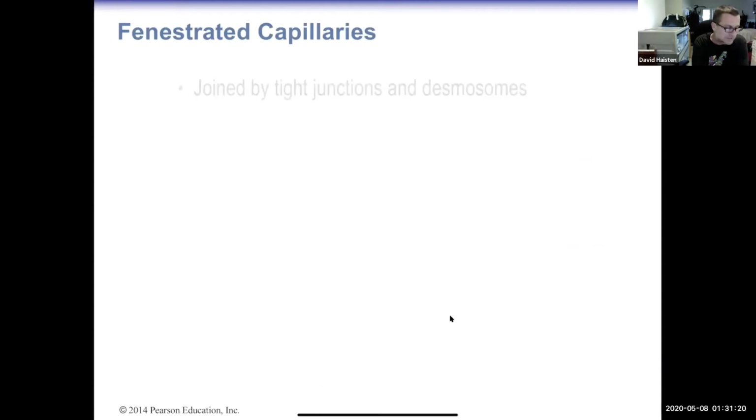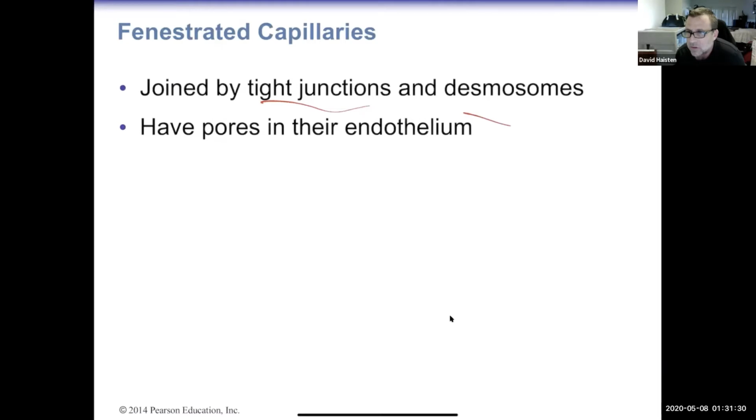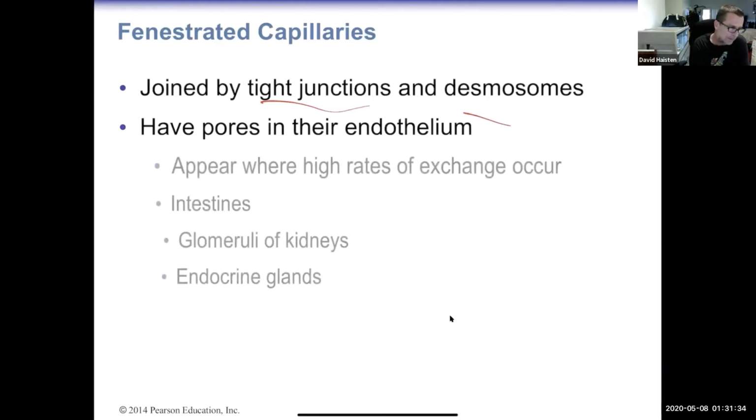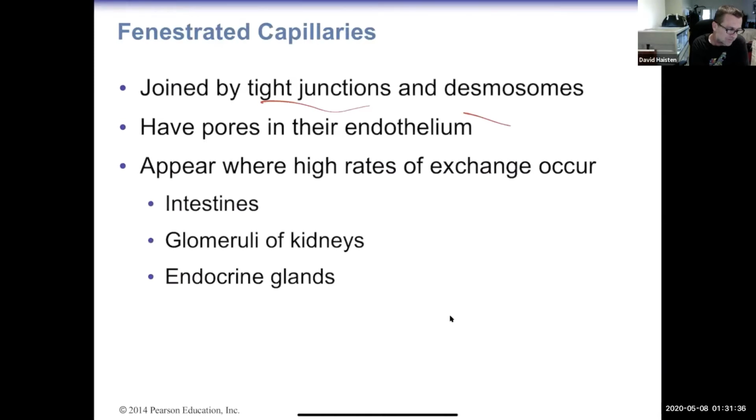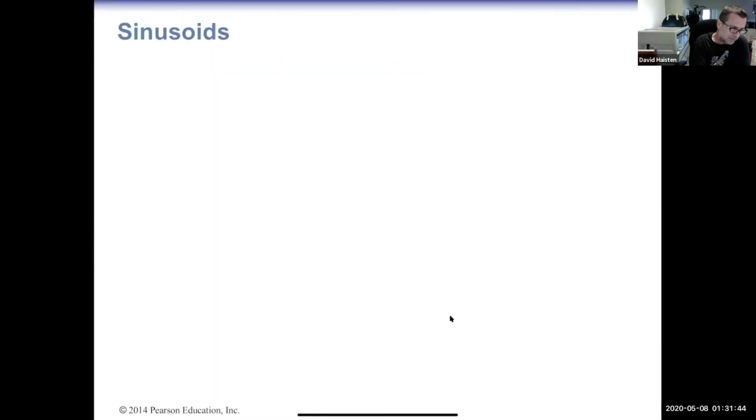Fenestrated, now we'll see those pores. So the endothelial cells, the epithelial cells joined like they ever are. We still have intercellular clefts, but now we have pores in the actual cells. So where are we going to find this? High rates of exchange. I think I did screw up on this. Yeah, for sure. There's sinusoids in your spleen.